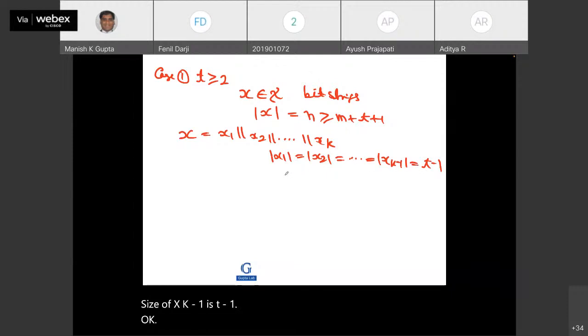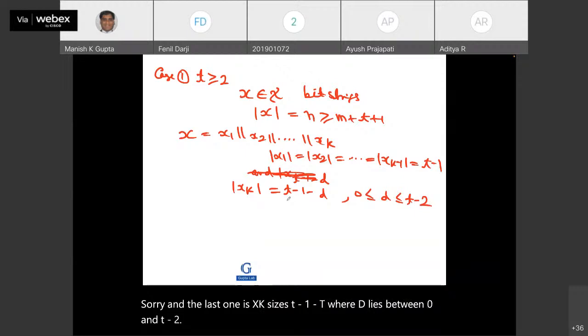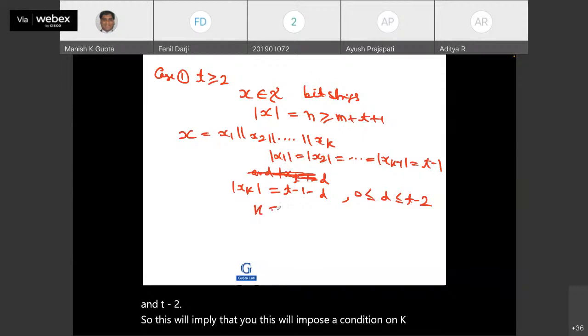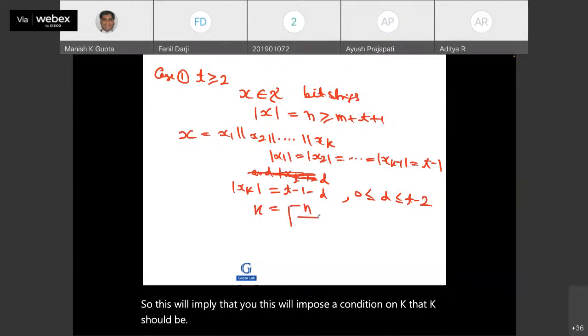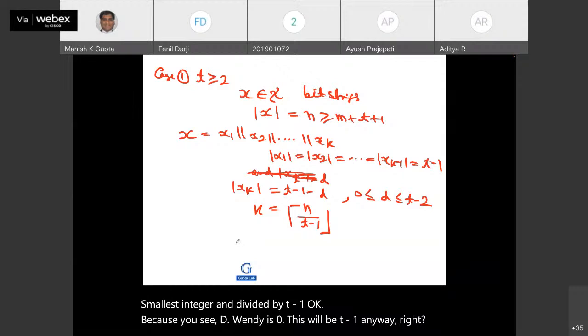And the last one, xk, has size t minus 1 minus d, where d lies between 0 and t minus 2. This imposes a condition on k: k should be the smallest integer at least n divided by t minus 1, because when d is 0 this will be t minus 1 anyway. So this is the case.